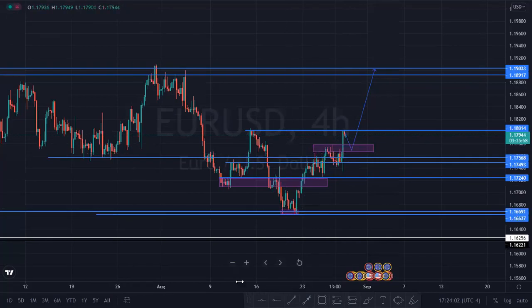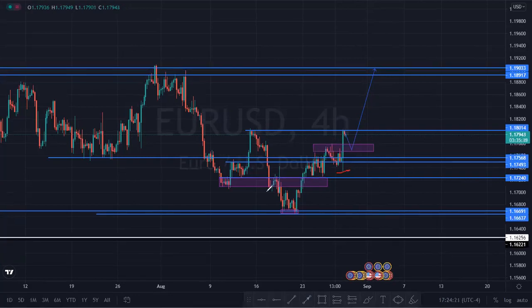Then I will be targeting this point on Euro USD. Then my stop loss is going to be below the sponsor candle, below the wick. That is where I'm going to set my stop loss.